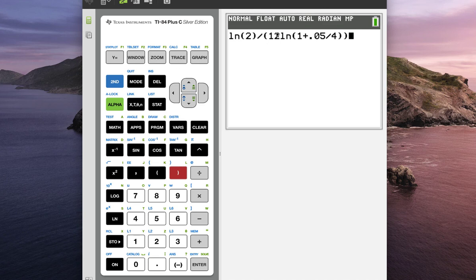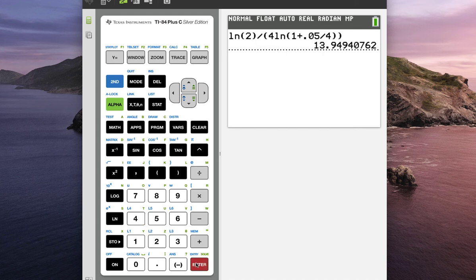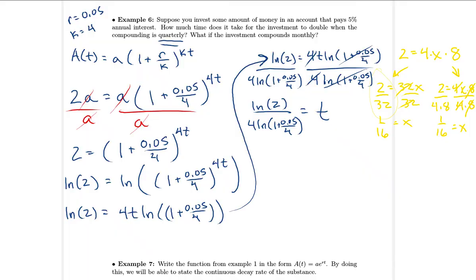Oh, excuse me, for 12, where did that come from? I was looking at the wrong number. That should be a 4, correct? So 4 natural log of all that. Okay, so we hit enter. 13.95 years, I guess.